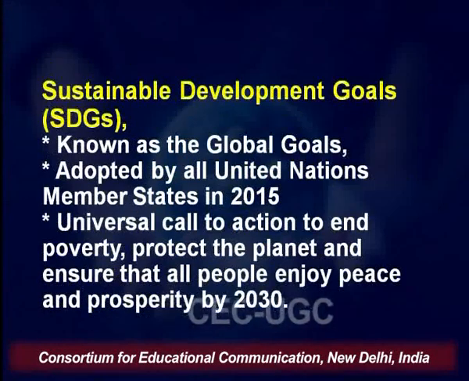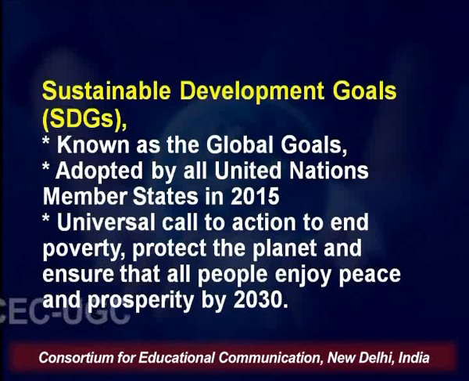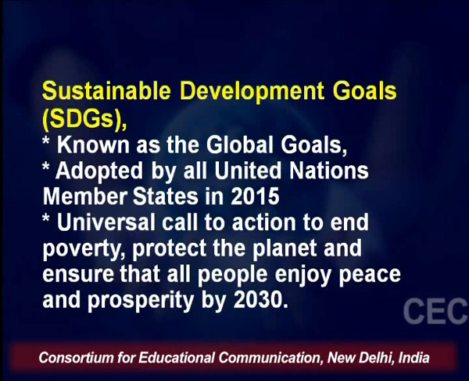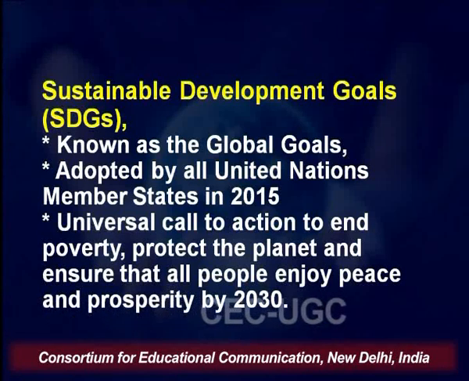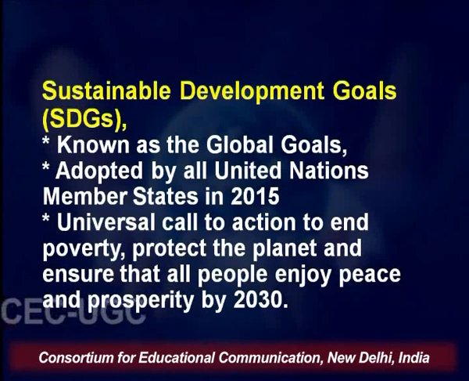The Sustainable Development Goals, SDGs, as they are known, the global goals, were adopted by United Nations member states in the year 2015. They were a universal call to action to end poverty, protect the planet, and ensure that all people enjoy peace and prosperity by 2030.